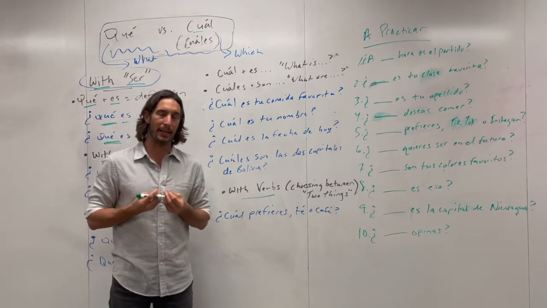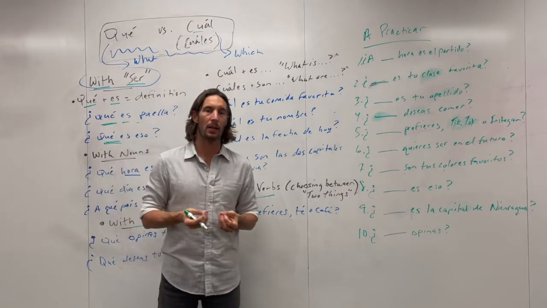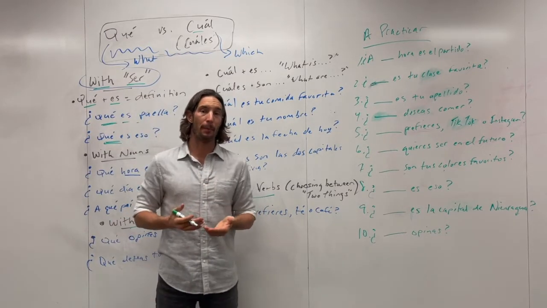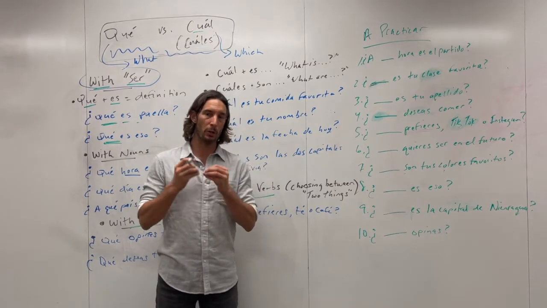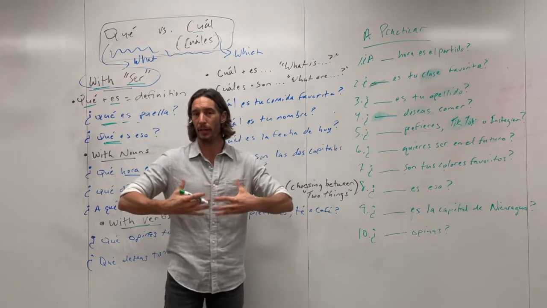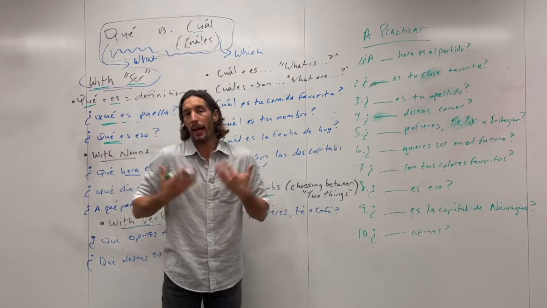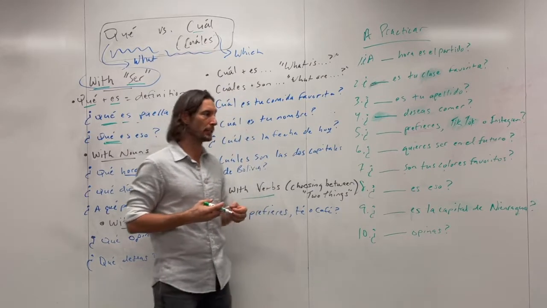If you were to ask someone that, they would then describe what paella is as a dish, right? So know that when you use que and es, that's really what you're conveying. You're saying, hey, I don't know what this is. What is this? ¿Qué es paella, for example?